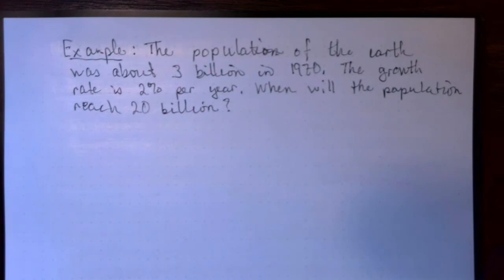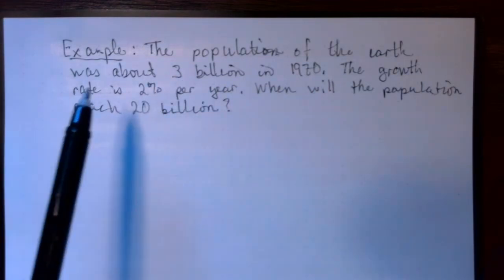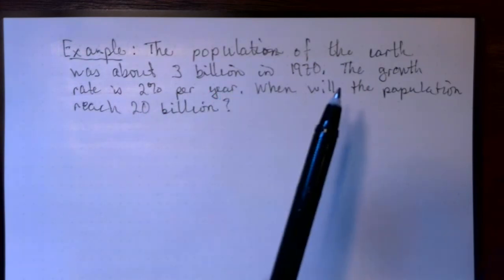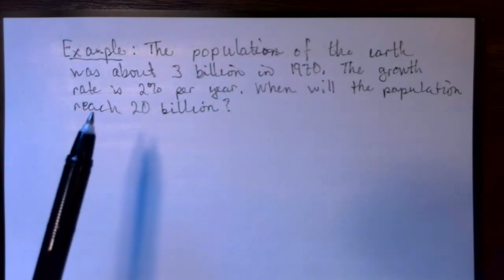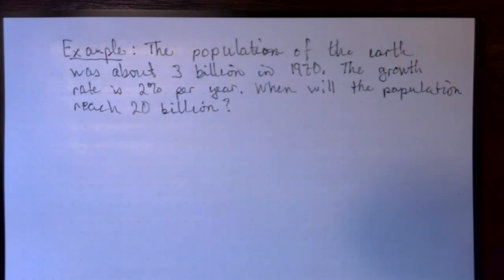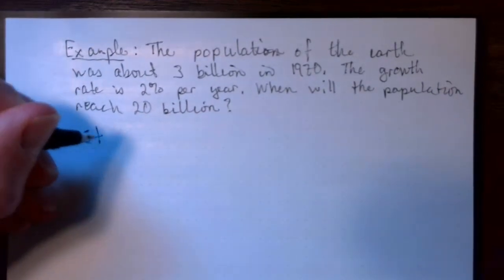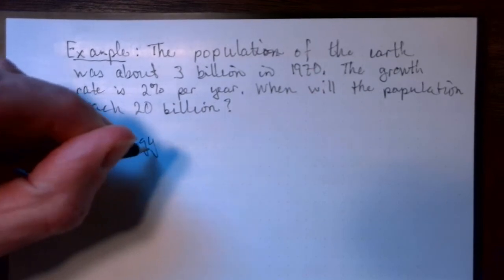Okay, so here we've got our example. We're going to suppose that the population of the Earth was about 3 billion in 1970, and the growth rate was 2% per year. And we're going to try to answer the question, when will the population reach 20 billion? Let me just talk a little bit about the strategy that I'll be using here.